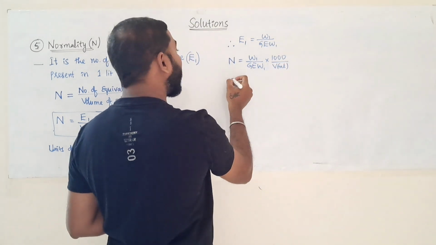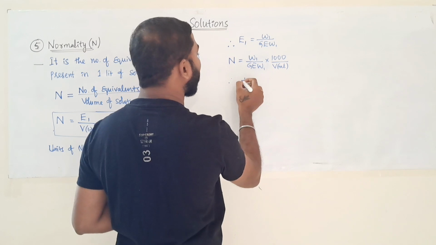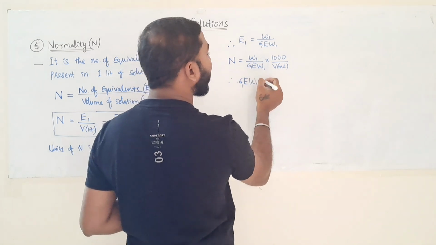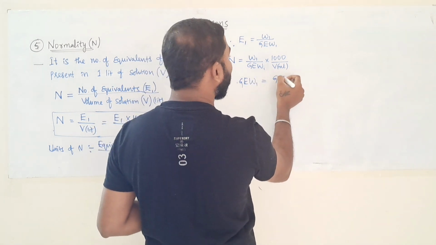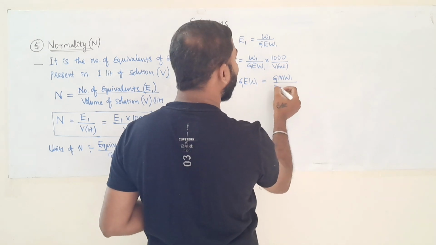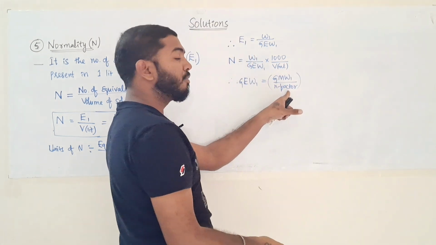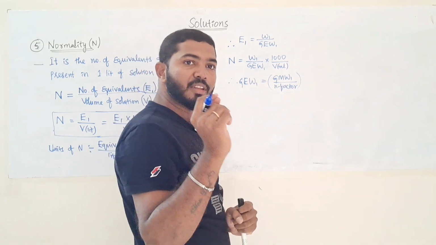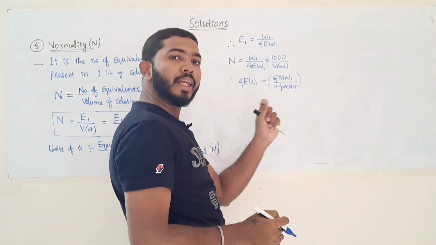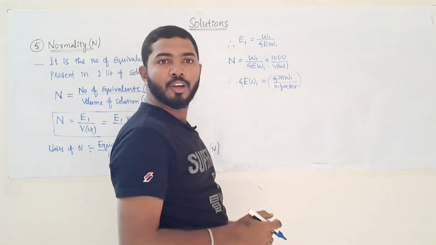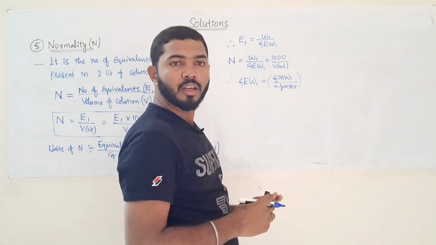And now again we know that gram equivalent weight can also be written as gram molecular weight divided by n factor. This is going to be very important. This n factor decides our answer. If we miss taking this n factor, then obviously we are going to get a wrong answer.